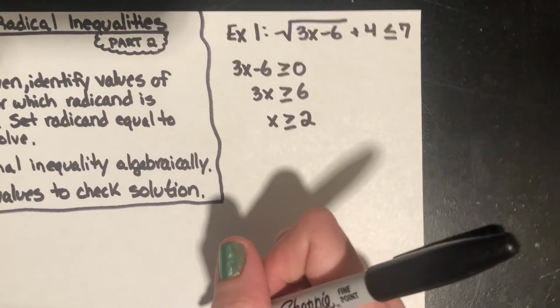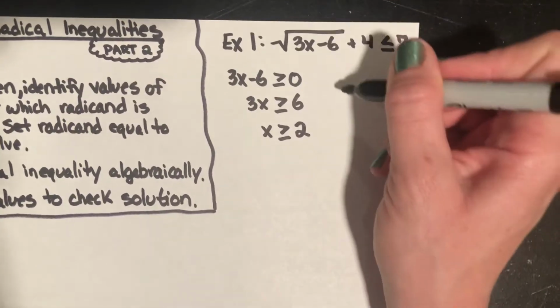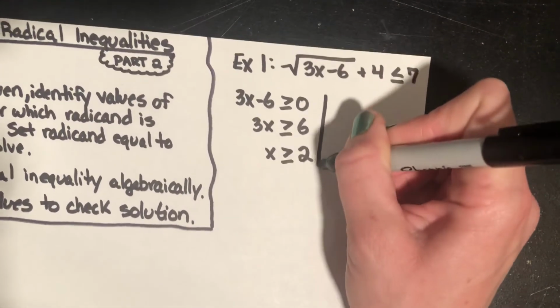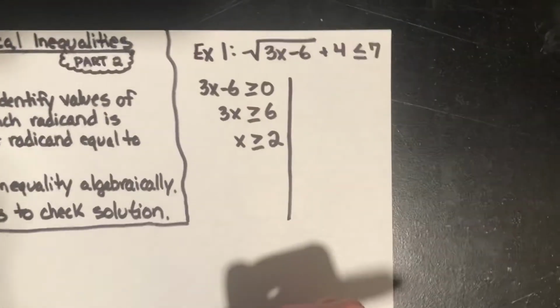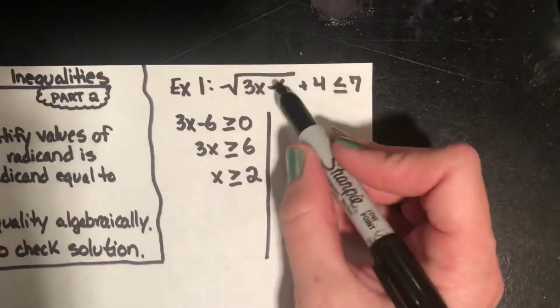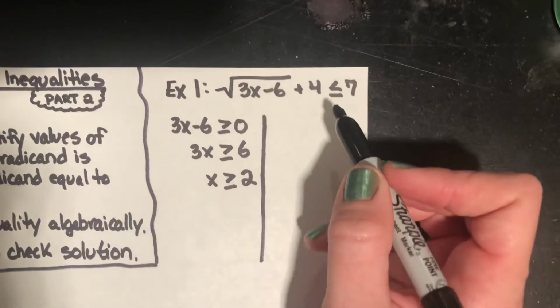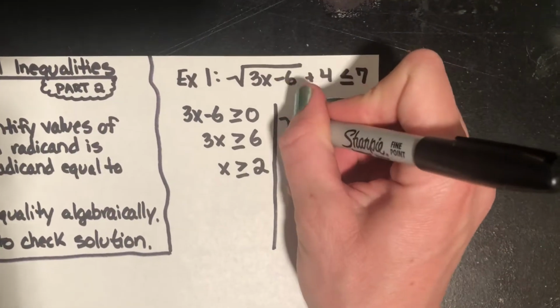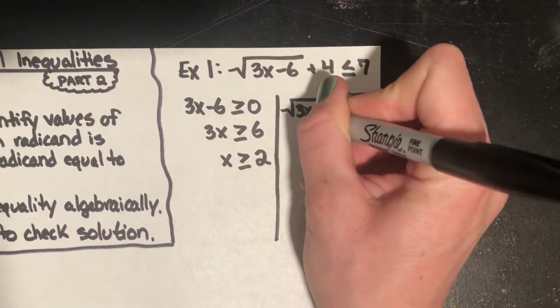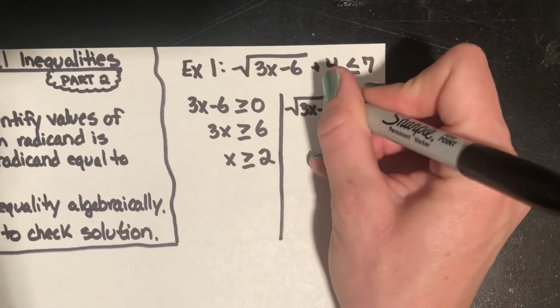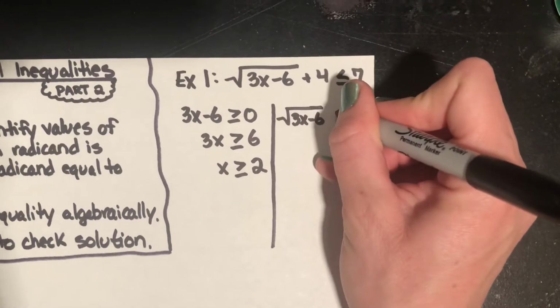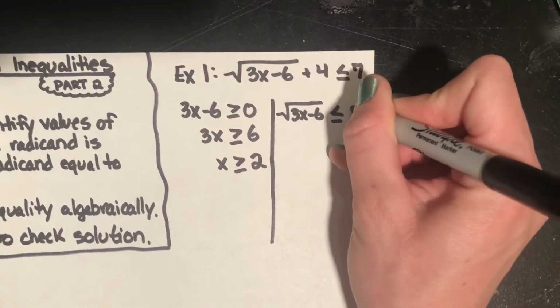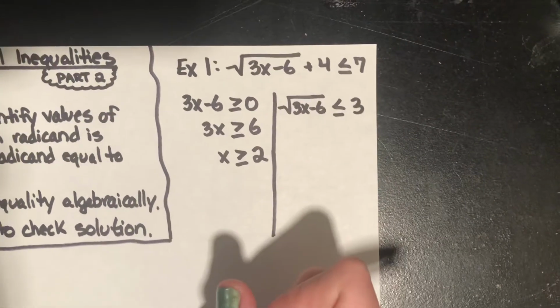All right. Next, we need to actually solve our inequality. First thing we need to do is subtract 4 from both sides. So we have root 3x minus 6, where the radicand is under that whole thing, is less than or equal to 3.